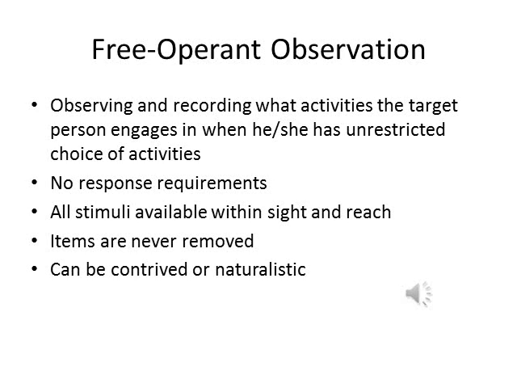So you could assess duration or you could assess contact, and we'll come back to this concept of how you assess choice and what have you. So there's no real response requirement. They don't really have to do anything. You just turn them loose and see what they do. You want to certainly make sure that the stimuli in which you have an interest were available and within sight and reach, that they weren't removed, and this can be done in a contrived or a naturalistic way, as we'll see in a moment.